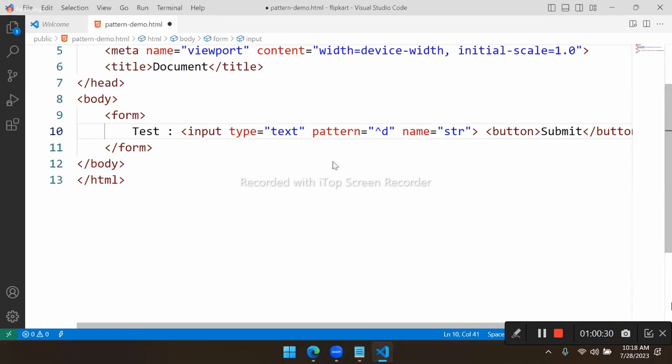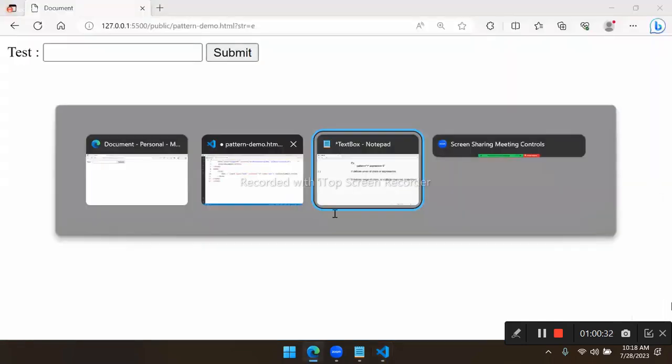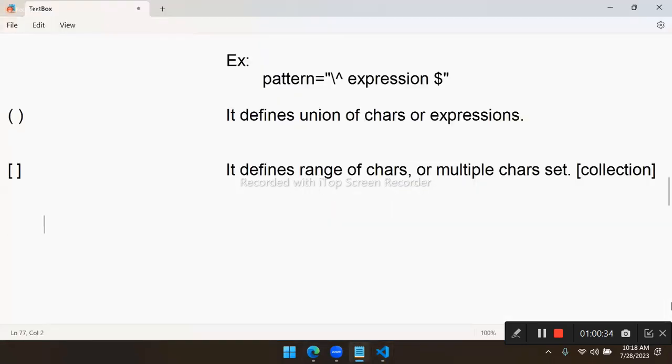For that we need to understand this meta character actually, range. That means you can define the range here. So for example, here you write pattern is equal to, in square brace, A hyphen D. That means this allows only A, B, C, and D. Only these are allowed.